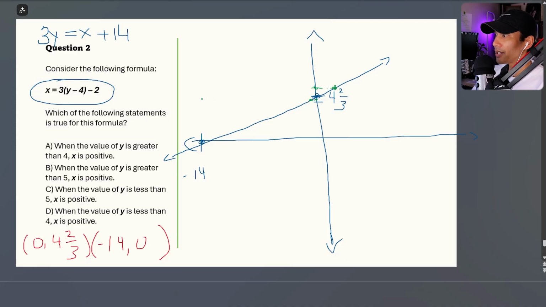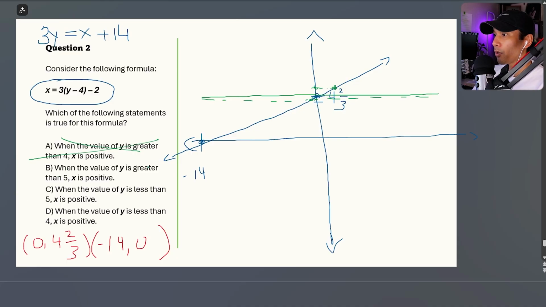For example, I would put a line right at the 4 2/3, and then start testing each statement. When it's below this line, it's negative. When it's above this line, it's positive. So we know that A is wrong, because a little sliver of it is negative.